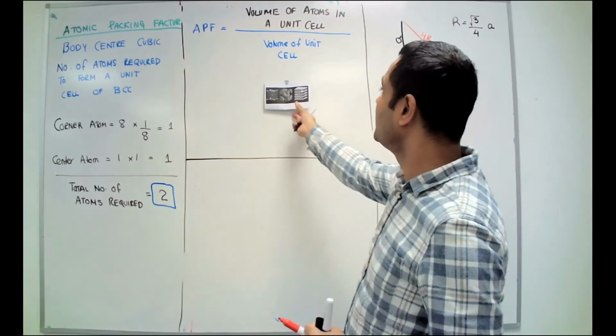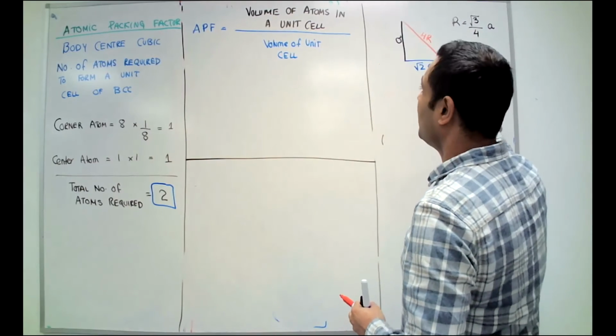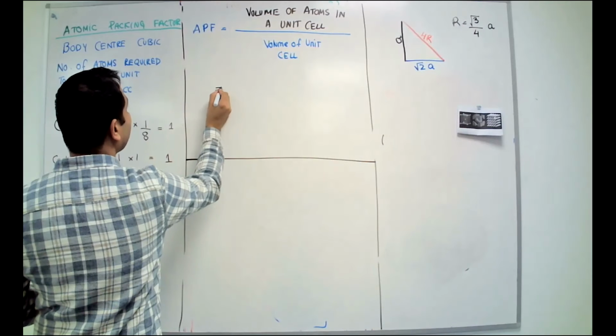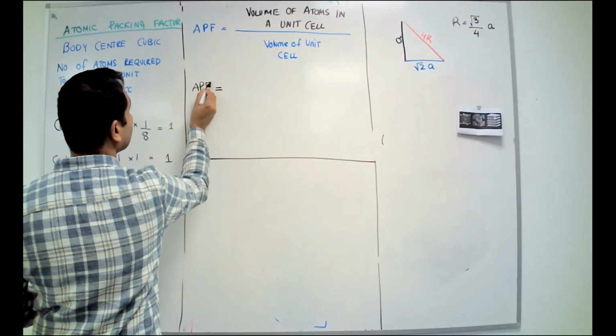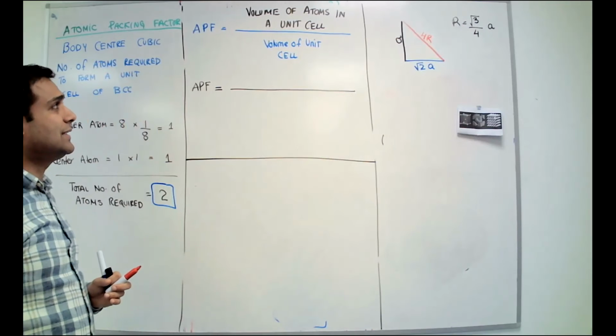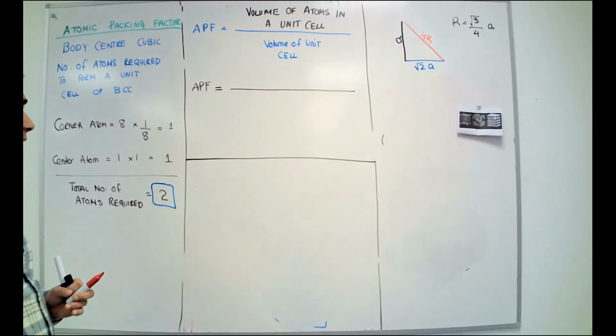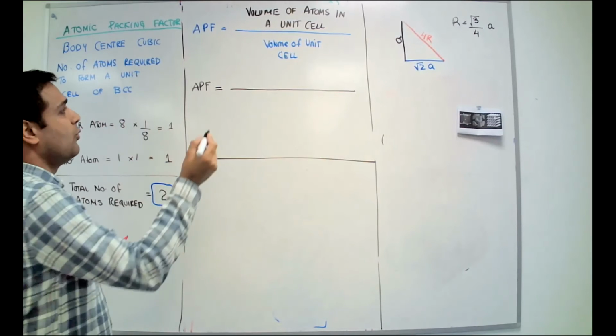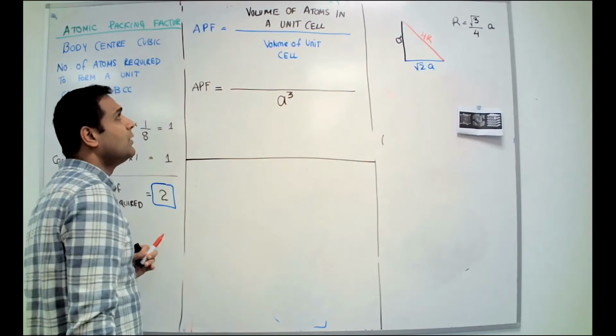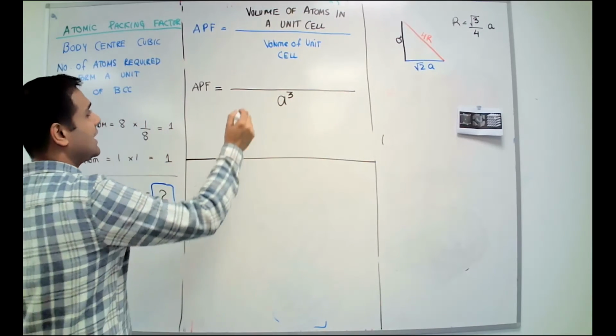Now we just go back to the formula, the atomic packing factor formula. So we have atomic packing factor. The volume of the unit cell, because the unit cell was A times A times A, is just going to be A cubed. Then the volume of the atom in the unit cell.